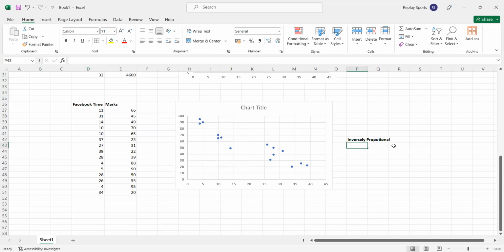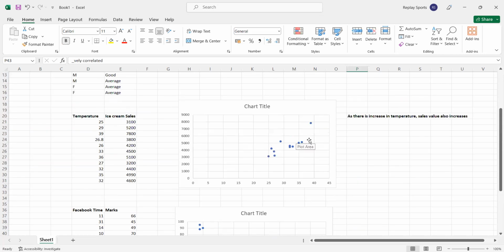Second point is they are called negatively correlated. So if they go in opposite directions, if you increase one, the other decreases. If you decrease one, the other increases. That means they're going in opposite directions, so it is called negatively correlated.